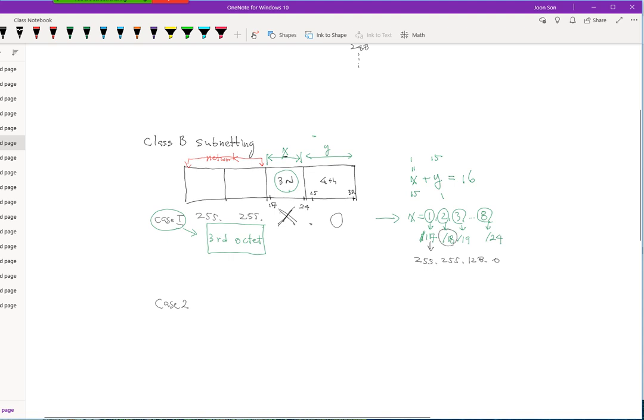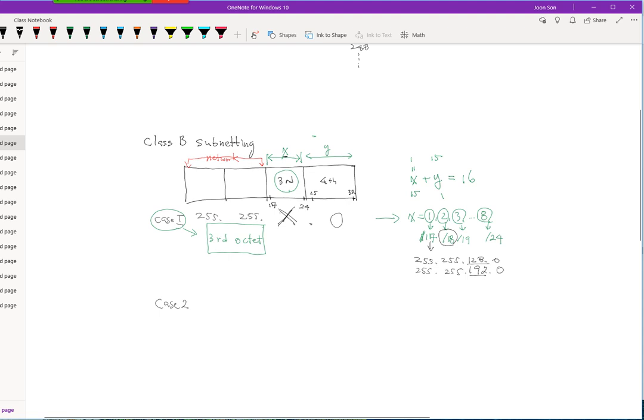If it's a slash 18, it's going to be 255.255.192.0. Thank you, good, I'm learning from my students. These numbers you have to memorize. The good thing is I'm an instructor, so I don't have to memorize.